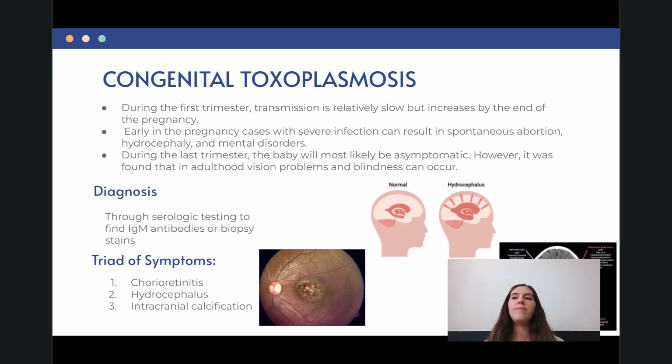And the triad of symptoms are chorioretinitis, which is that first picture with the eyeball, and chorioretinitis is just inflammation of the choroid, which is the lining of the retina deep in the eye. And then there's also hydrocephalus, which is the middle picture, and that's an abnormal buildup of cerebrospinal fluid in the brain. And there can also be intracranial calcification, which is that picture on my right.